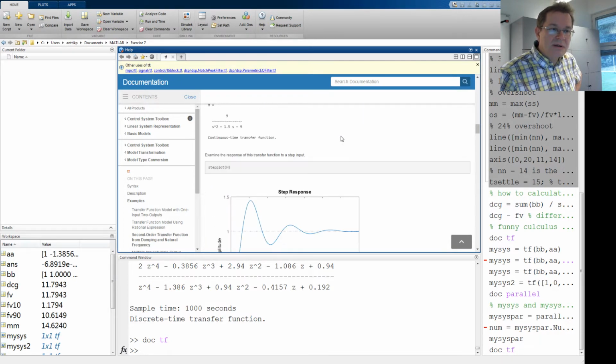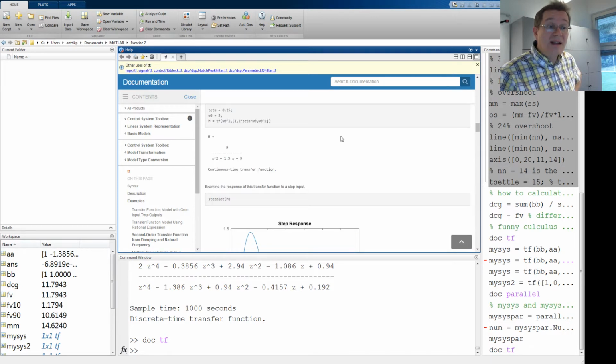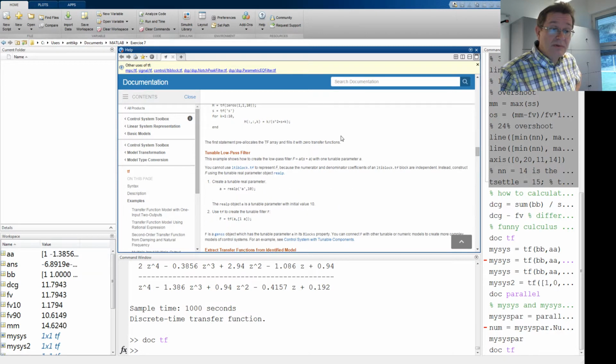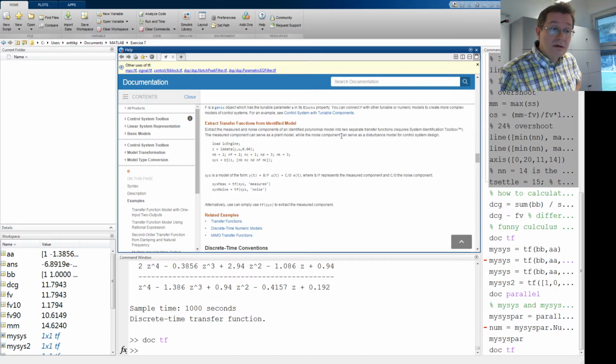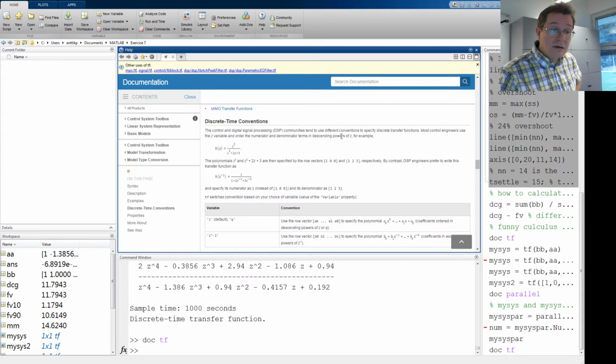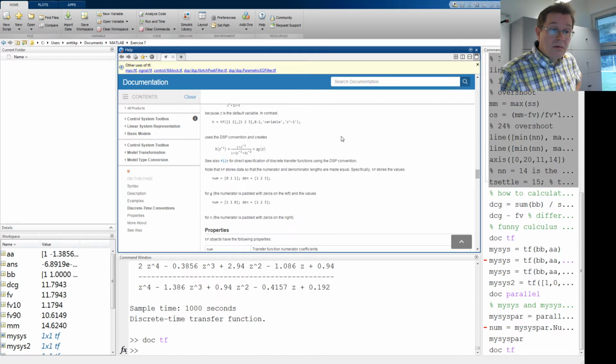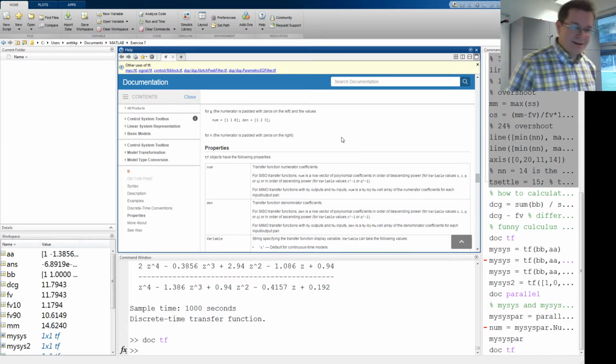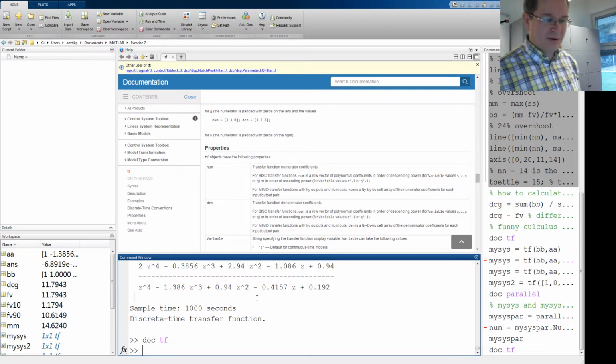Can we use that model directly? Oh, I see. You can actually do it directly with some of the functions. Why doesn't it have properties? No, okay. It's just simple num and then.